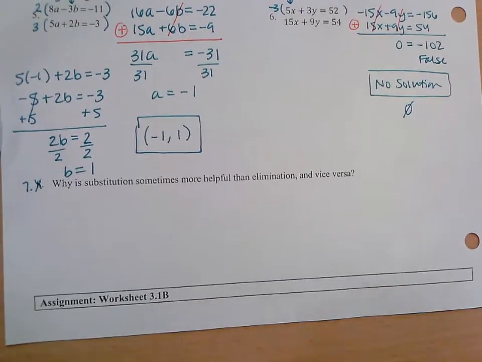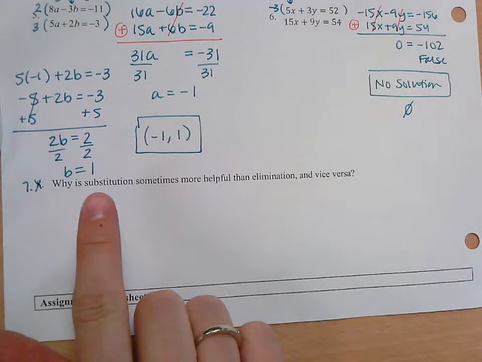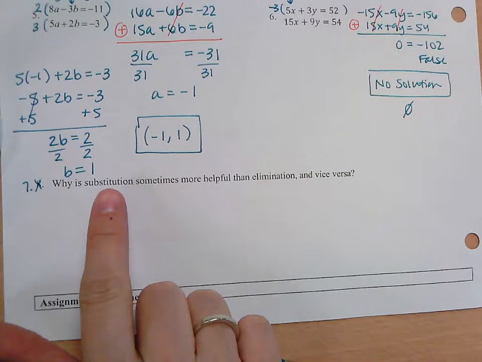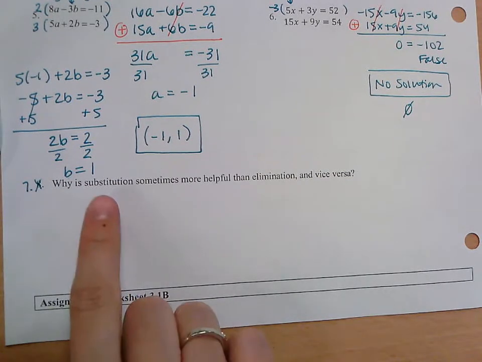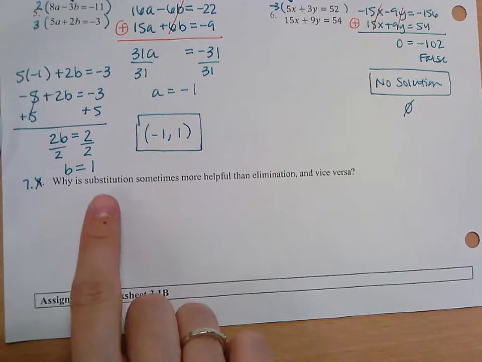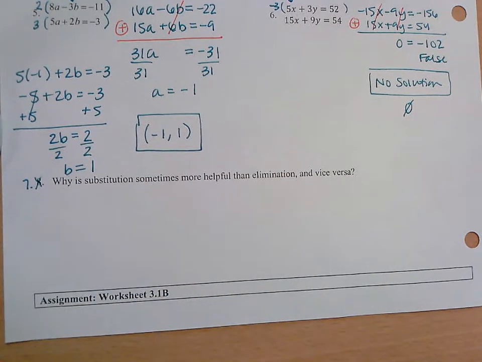And then just quickly, if somebody would volunteer, when would you decide to use substitution over elimination, or when would elimination be the easiest? So what are things you would look for? Well, I'll start here. What are things you would look for in your equations to say that substitution would be helpful or would be easier to do? Isaac?